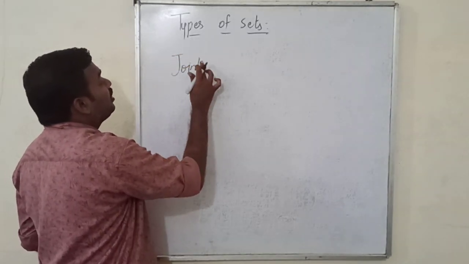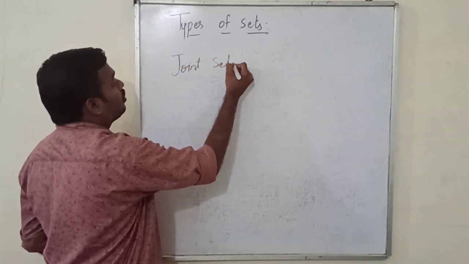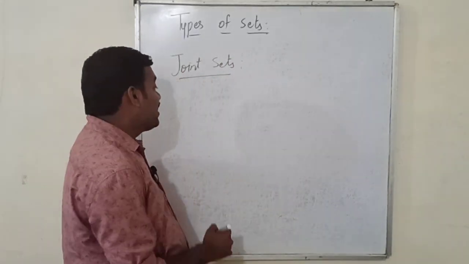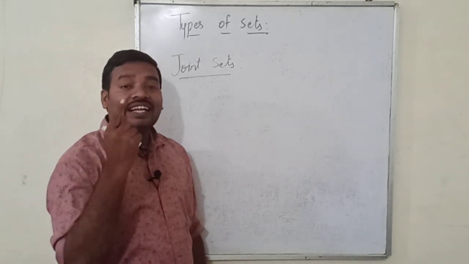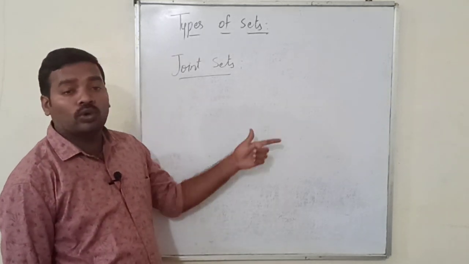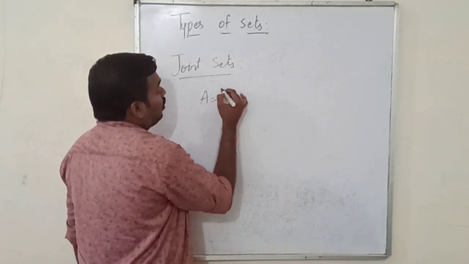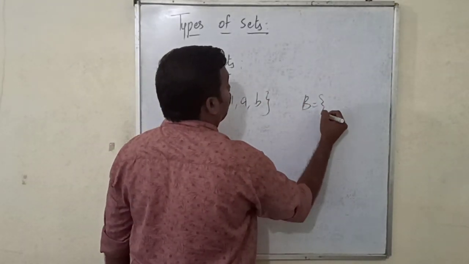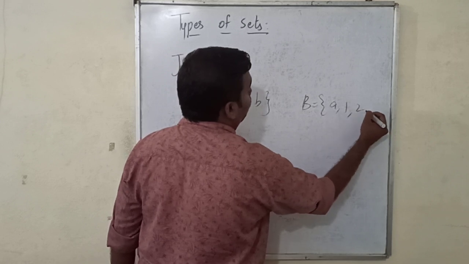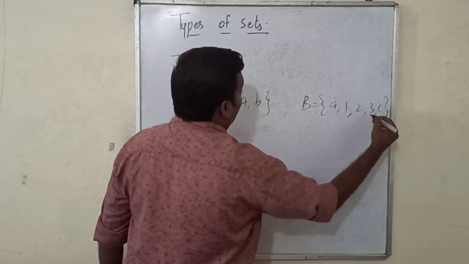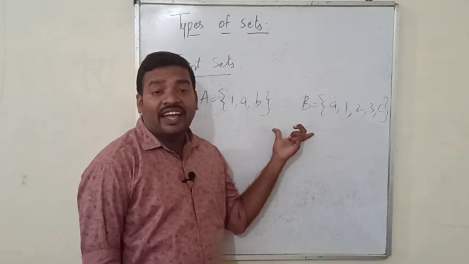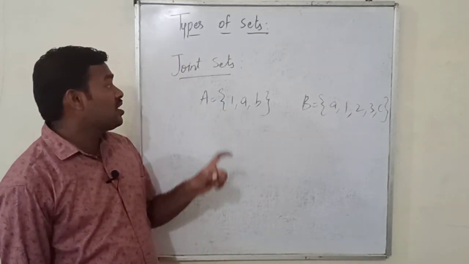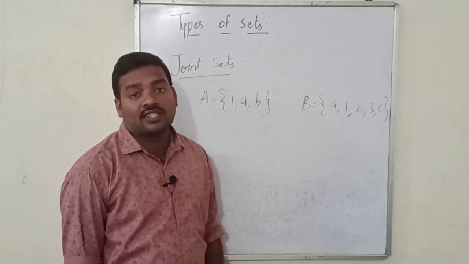Joint sets and disjoint sets. If you consider two sets, and if there is at least one common element in both, that is, if two sets have at least one common element, then those sets are said to be joint sets.